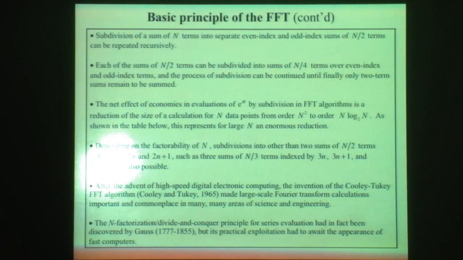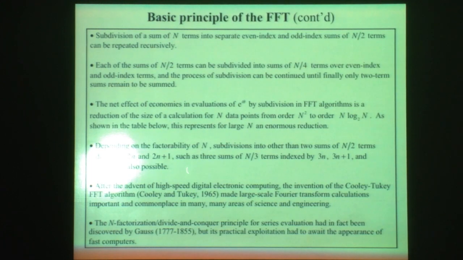If we didn't do this divide and conquer approach, we would have a calculation of order n squared. But when we do the divide and conquer approach, we reduce that from n squared to n log n. And as n is large, that's a big saving.